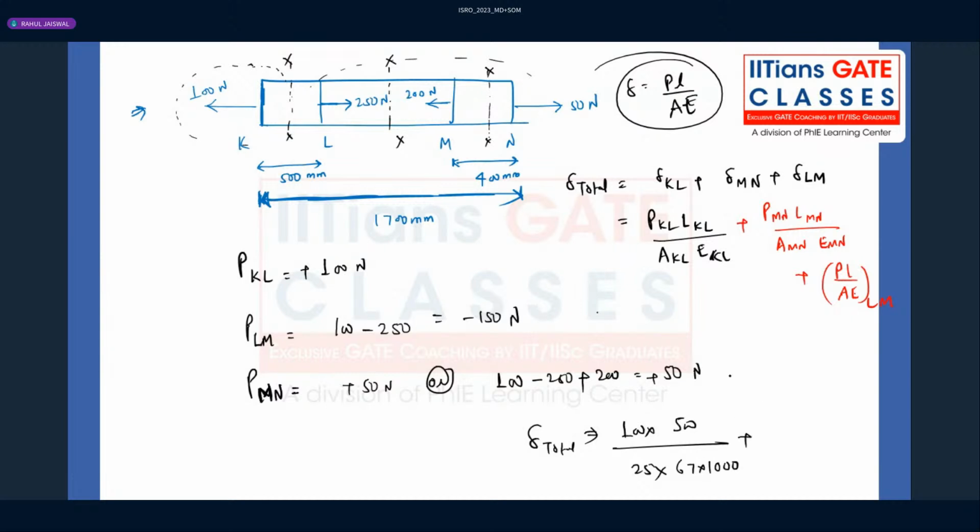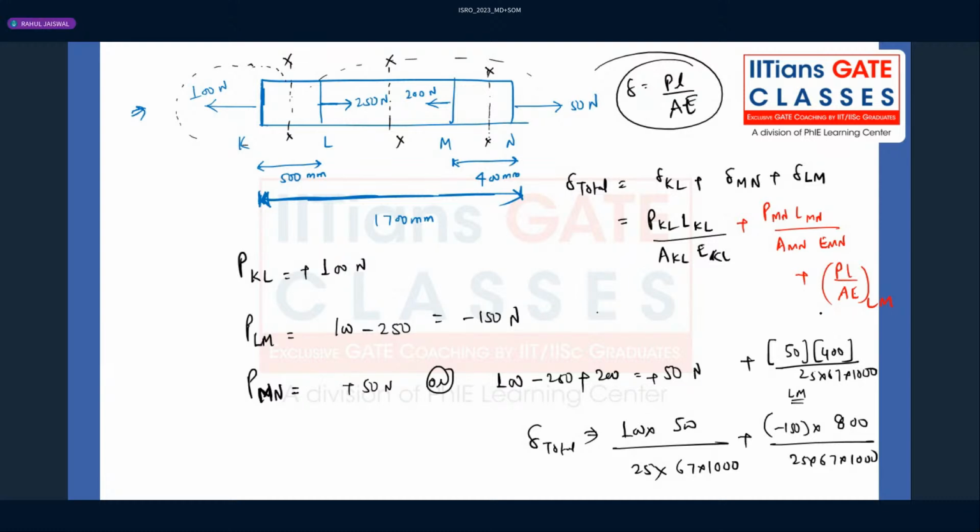Plus for LM, P is minus 150, length is 800, divided by A into E. Plus for MN, the load is plus 50, length is 400, and the area is 25 into 67 into 1000.